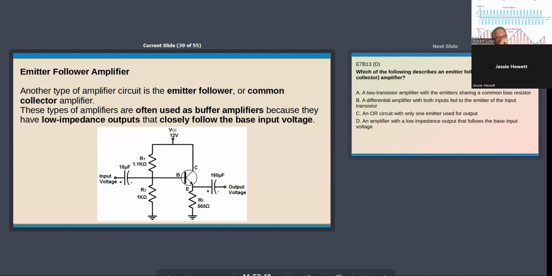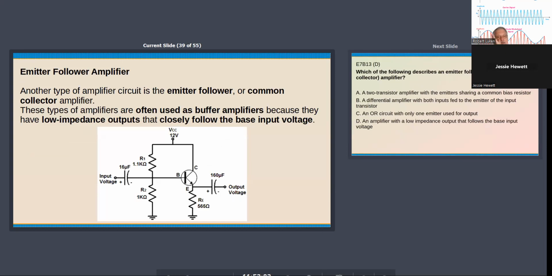Another common one you'll see is the emitter follower. In this circuit, it has a gain of 1, but its basic purpose is like a buffer. It has a relatively high input impedance and a low output impedance.